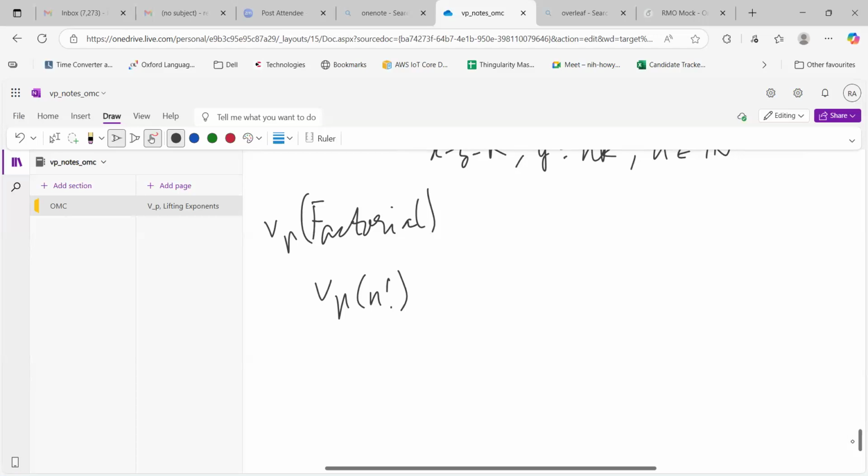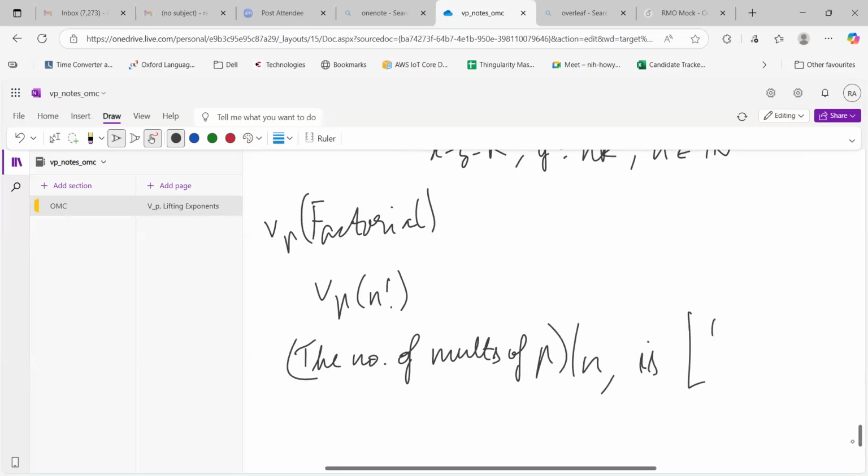You can first find the number of multiples of p which are less than n. Yes, and how many are there? Floor of n by p. Yes. So first, the number of multiples of p is floor of n by p.